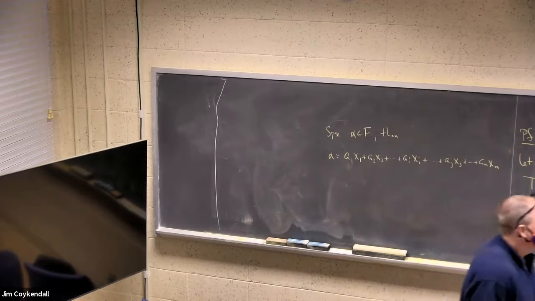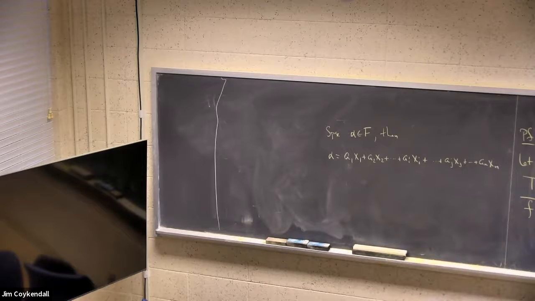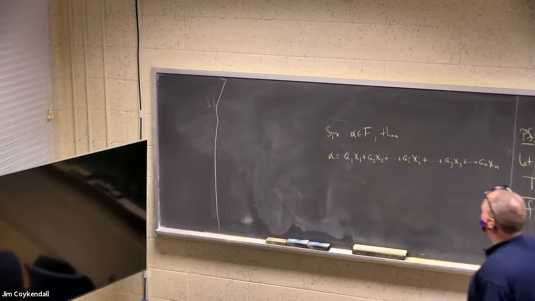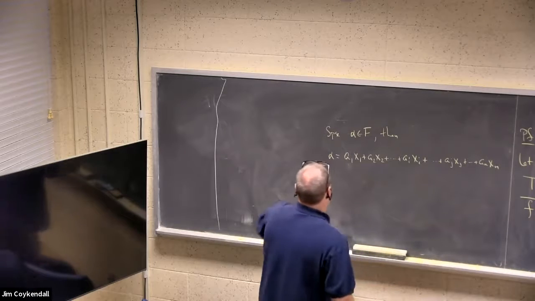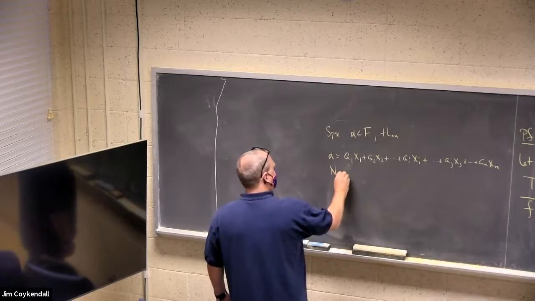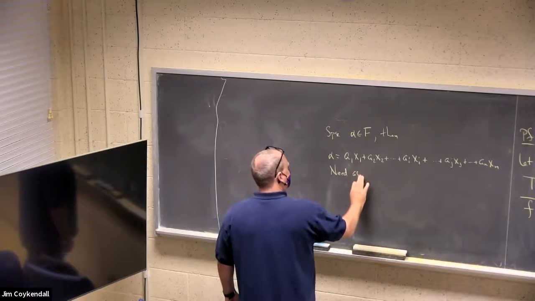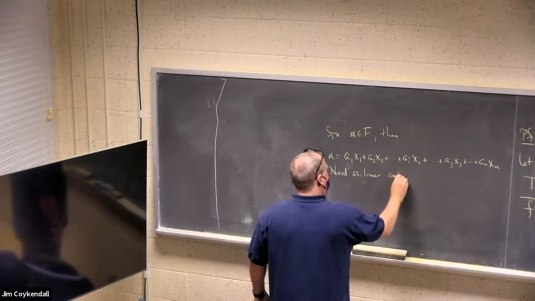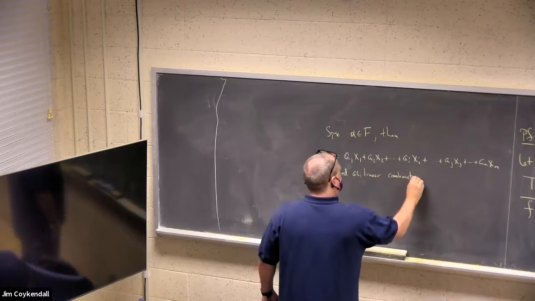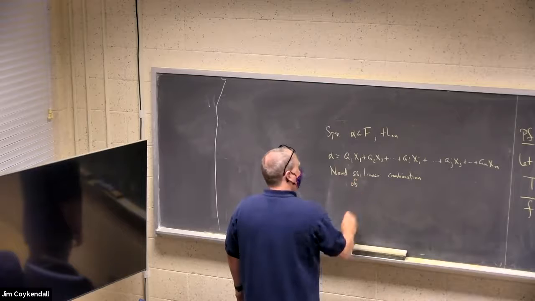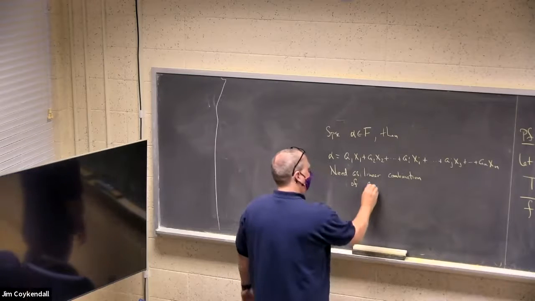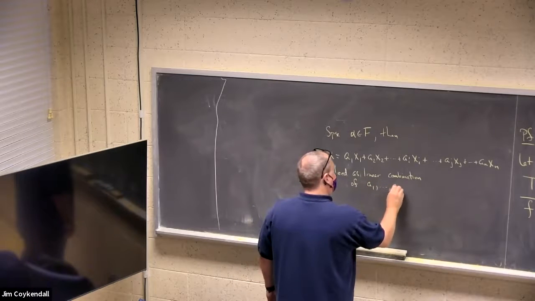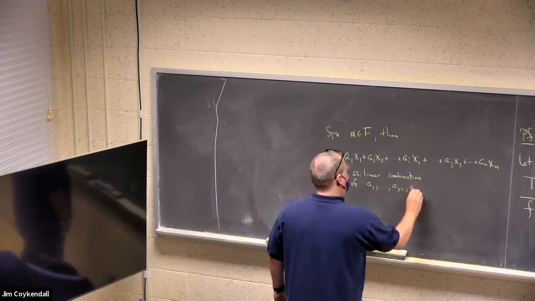Y'all see how to write it in terms that you need to? I need to be able to write it as a linear combination of the new basis, X1 through Xj-1, Xj plus k Xi.